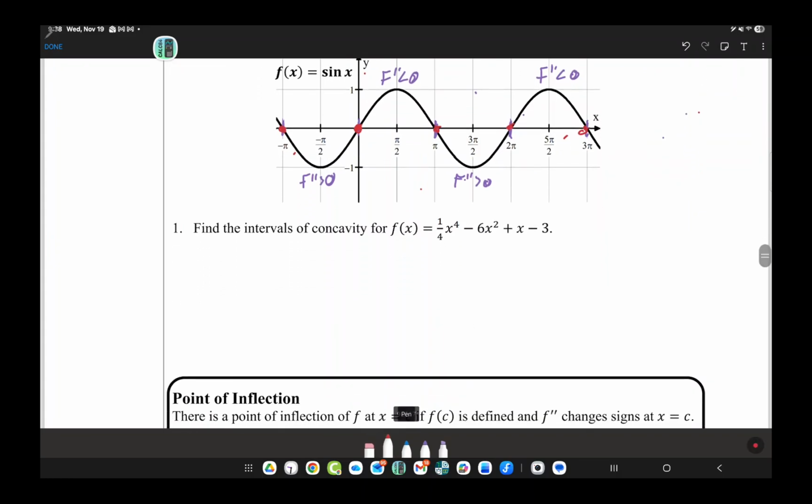So what we're going to do is something similar to finding where a function is increasing and decreasing, which is finding where the second derivative is positive or negative. In order to do that, we need to first find the first derivative. So what is f prime of x?